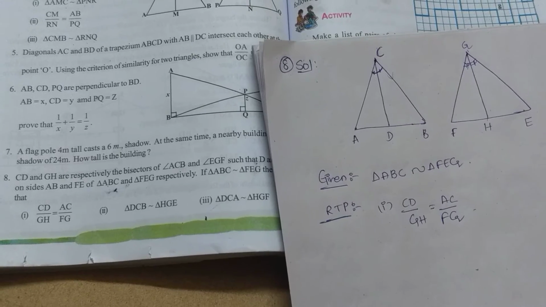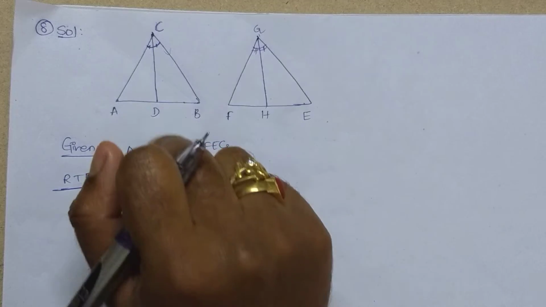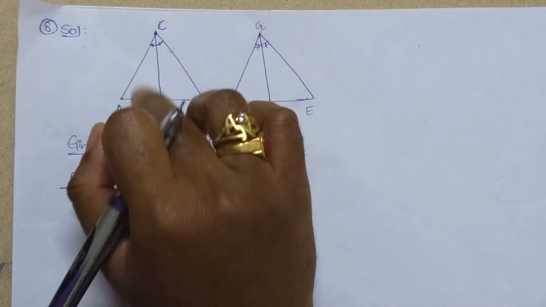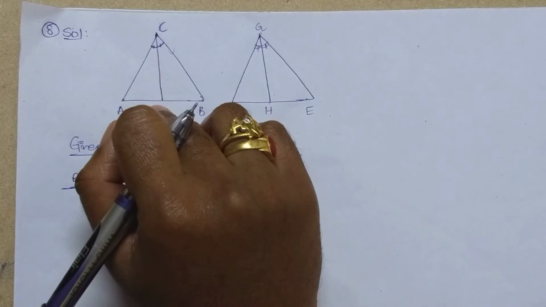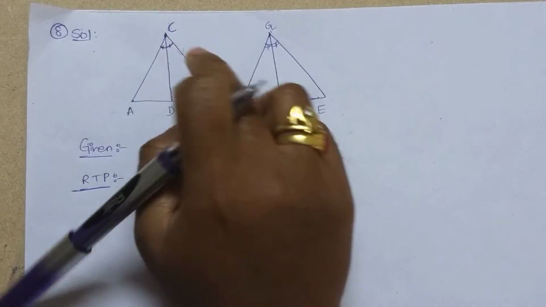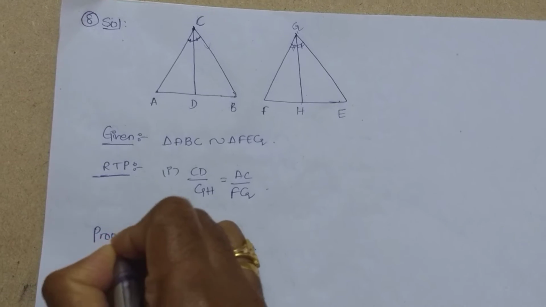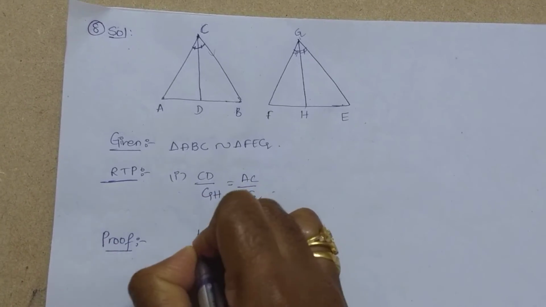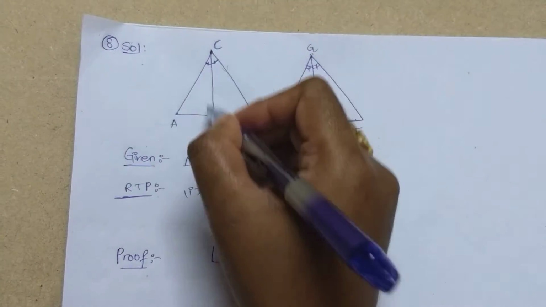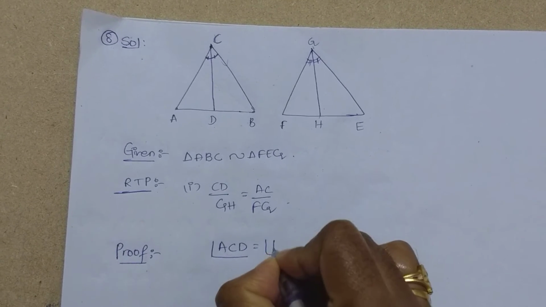Okay, let's go into the solution now. I'll explain this again. CD is the bisector of angle ACB, which means CD is the line that divides angle C into two equal parts. So under proof we can write angle ACD equals angle BCD.